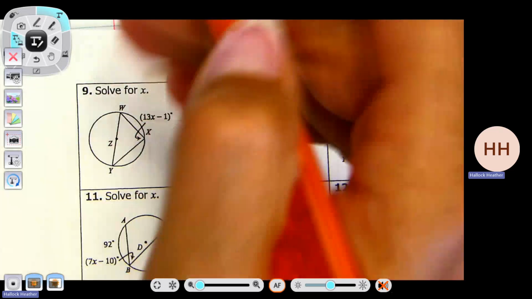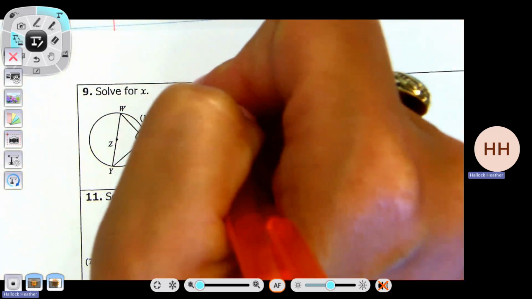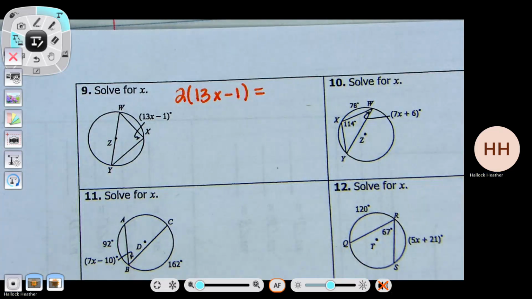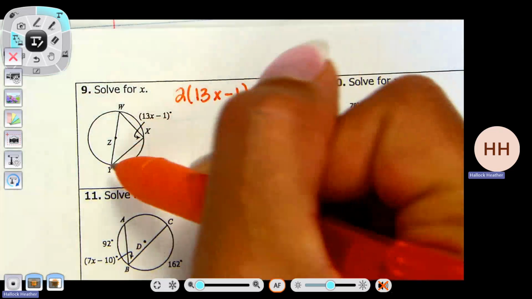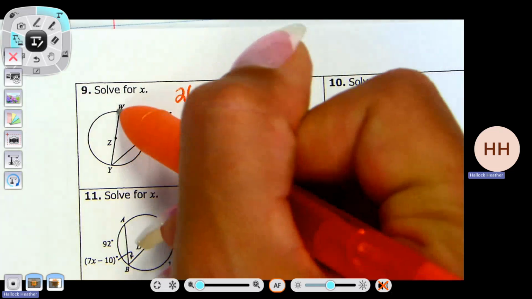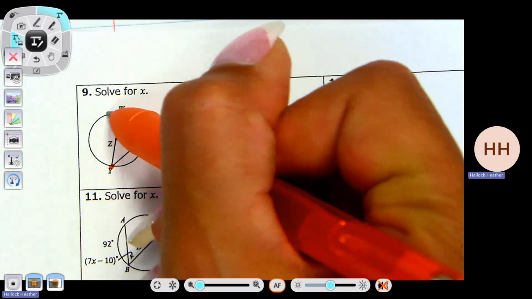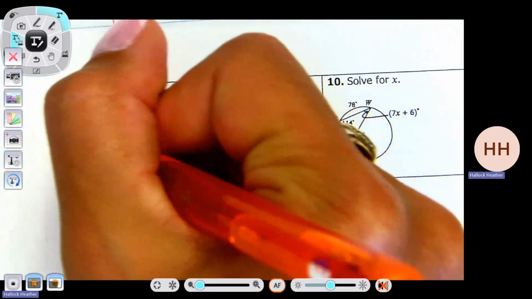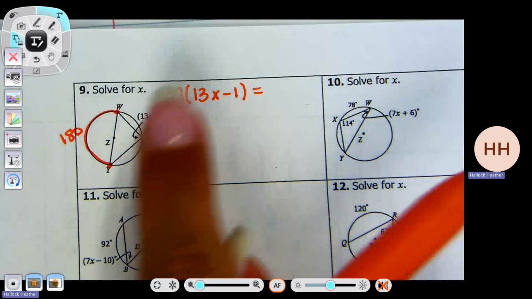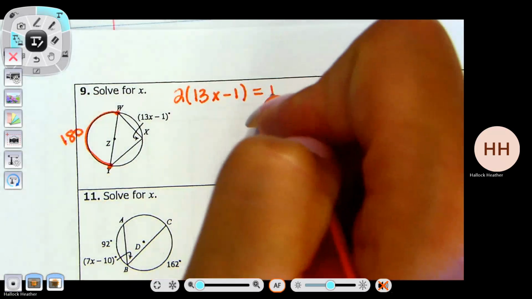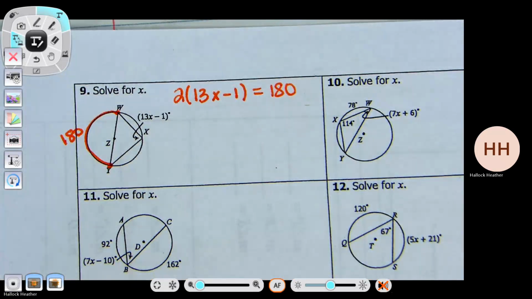So we're doing like 2 times 13x minus 1. But what would that be equal to? 180 because you have a diameter. So the angle that it's opening up to, like a mouth, okay, that's your jaw. It's opening up to this whole amount. That whole amount is 180. So I could do 2 times my angle equals 180. So distribute.